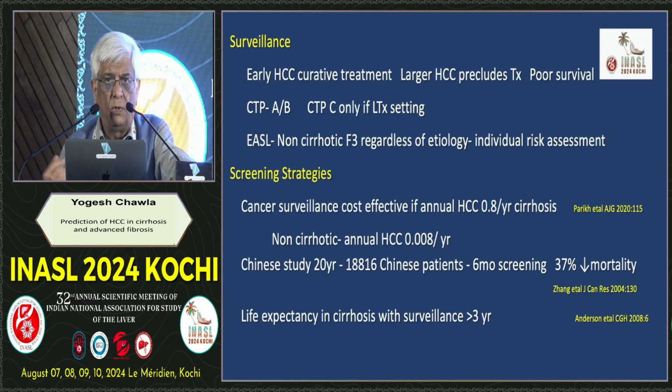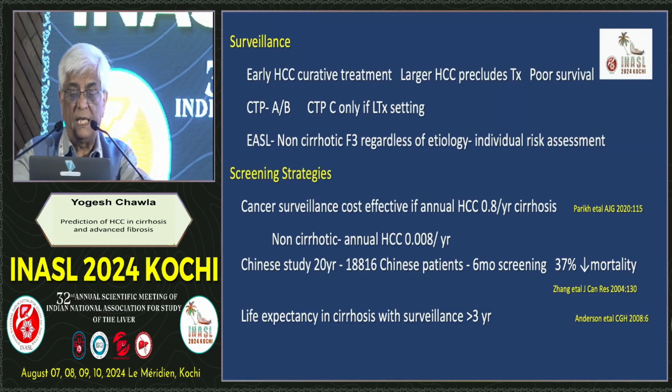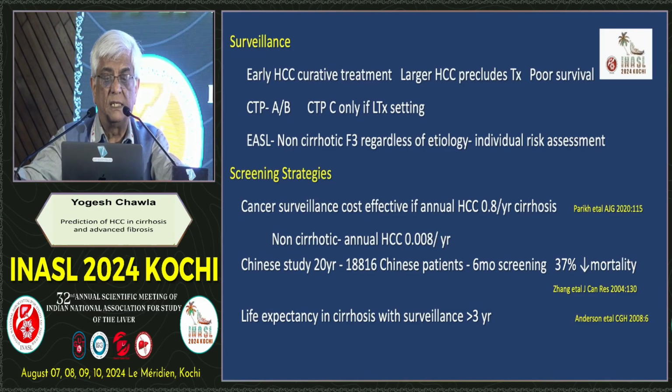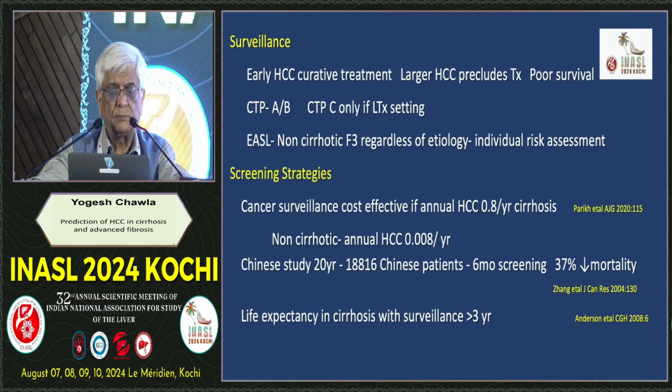But we as clinicians have seen that HCC has risen significantly, and I possibly feel that it could be around 2 or even more. In non-cirrhotic HCCs, the annual incidence is 0.008 per year. So picking up these patients of HCC would be in a very selective population.